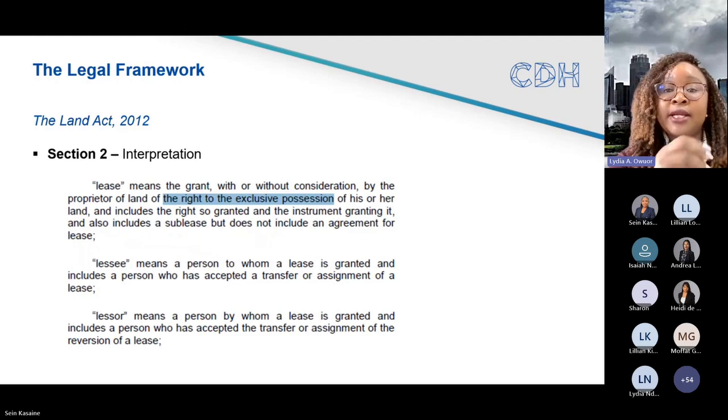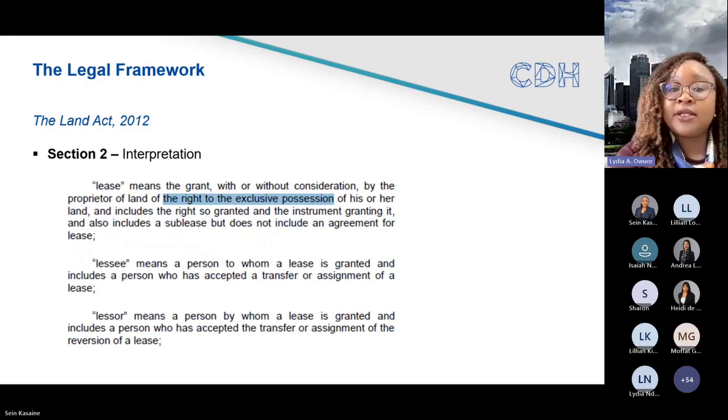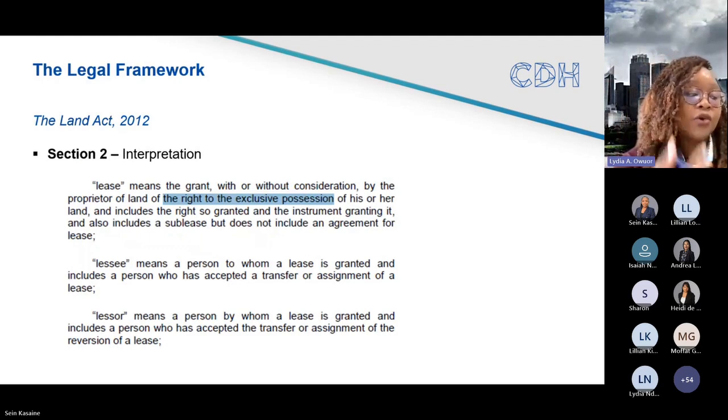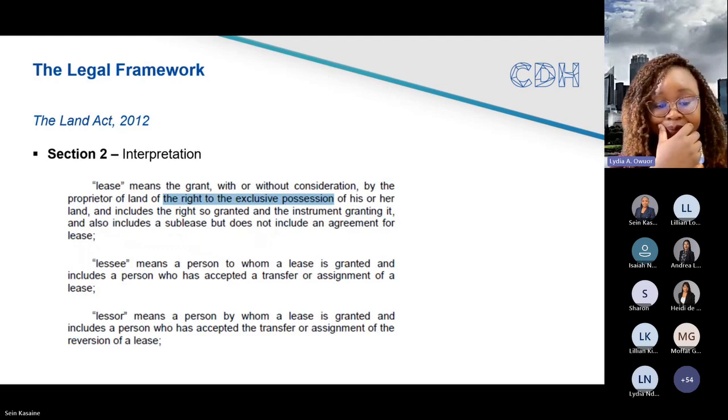They will be shared immediately after this, together with the recording. So the lessee means a person to whom a lease is granted, and includes a person who has accepted the transfer or assignment of a lease. I think that's self-explanatory. And then a lessor means a person by whom a lease is granted, and includes the person who has accepted the transfer, right?